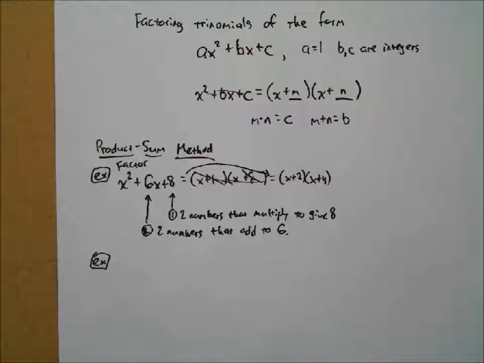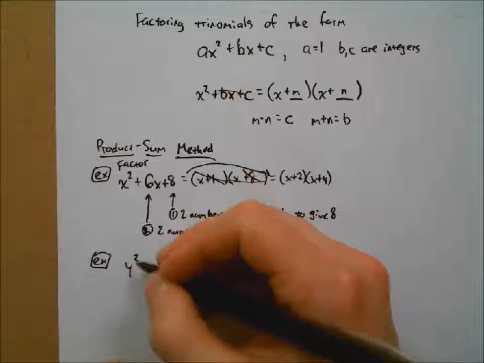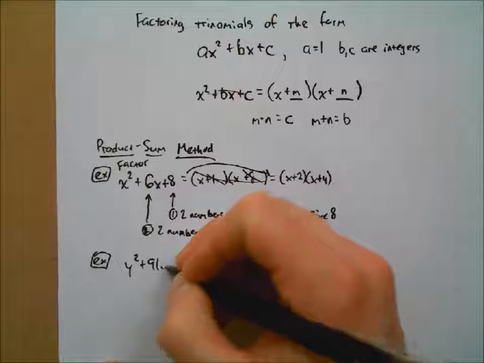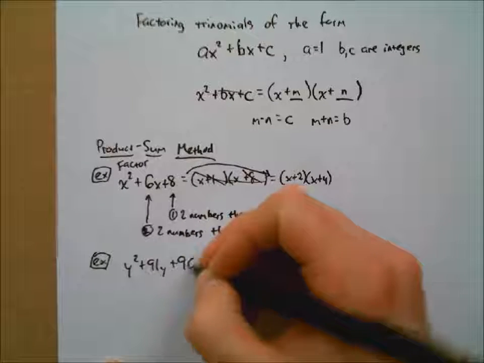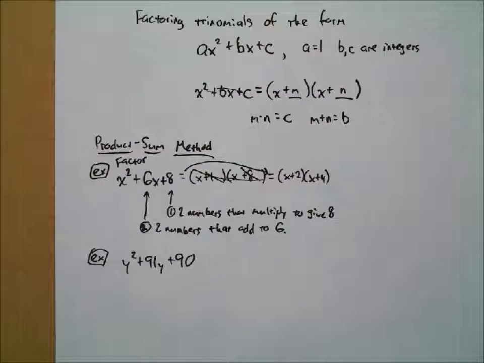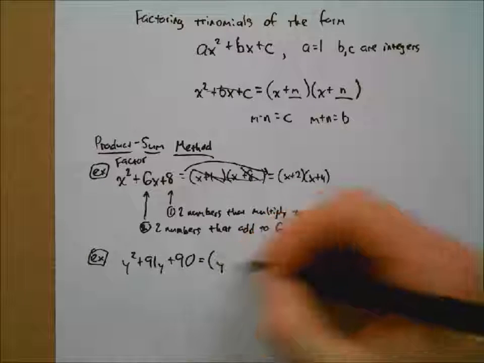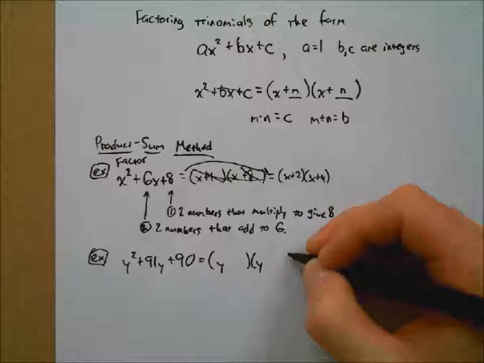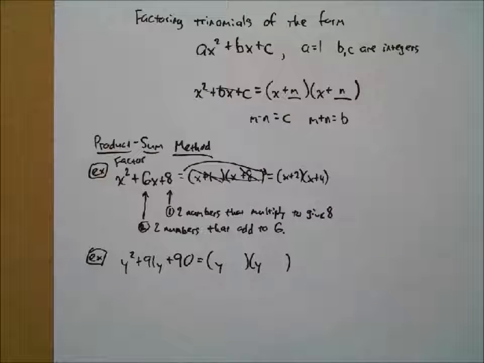And let's try y squared plus 91y plus 90. Okay, so again, we already know we're going to need a y here and a y here. And so now we need to think of two numbers that multiply to make what? 90. Ugh. And then add to make what? 91.